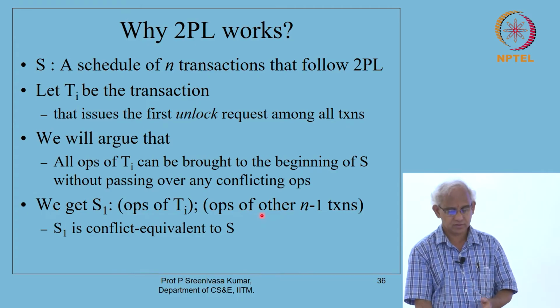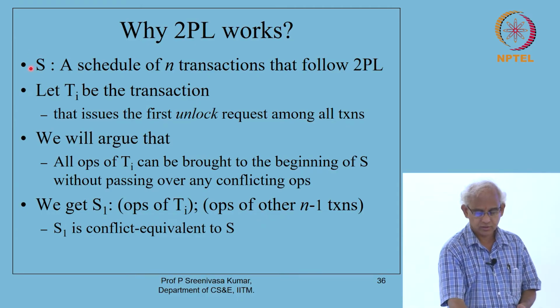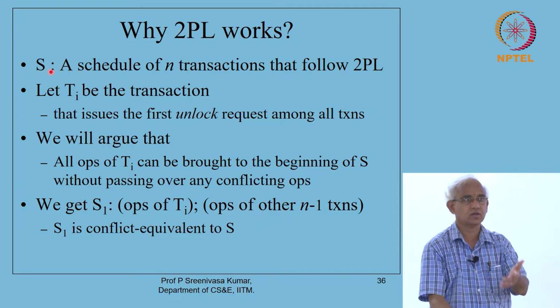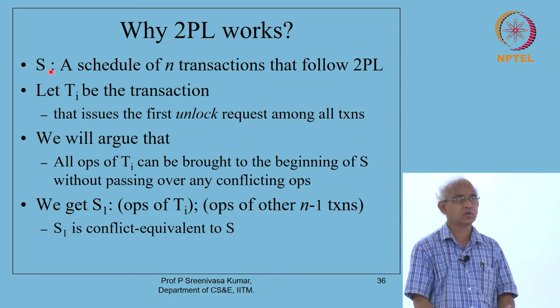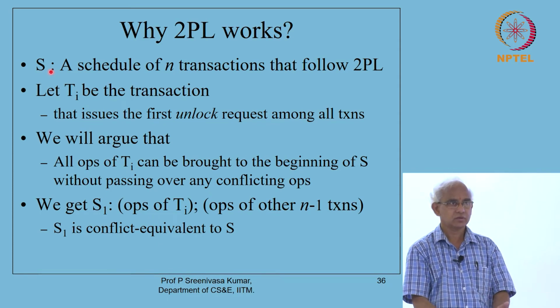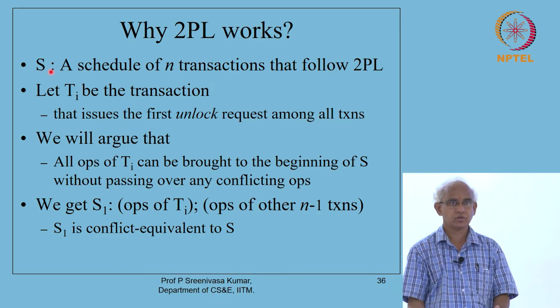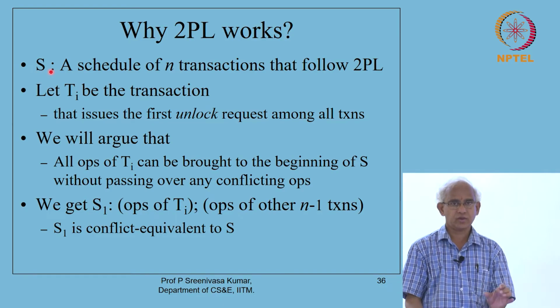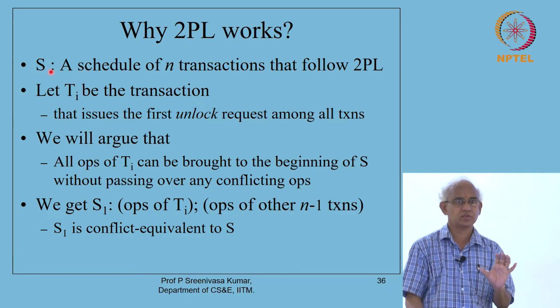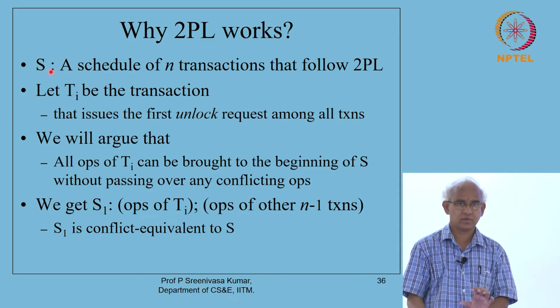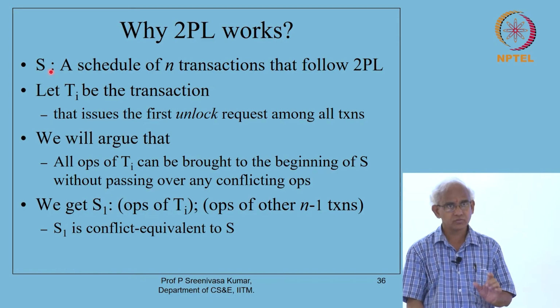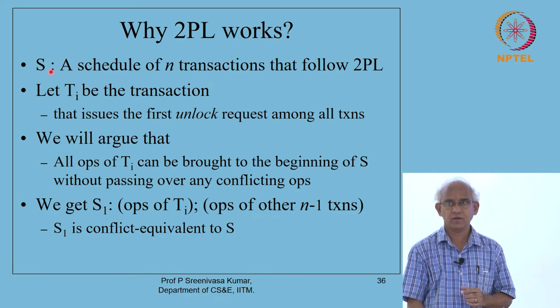Then I will be able to show that the initial S that has been given is conflict equivalent to some serial schedule, and you can also see what that serial schedule is. In it, the operations of the transaction that issued the first unlock operation come first, then the operations of the one that gave the next unlock operation come next, like that, in the order of the unlocking of the items.